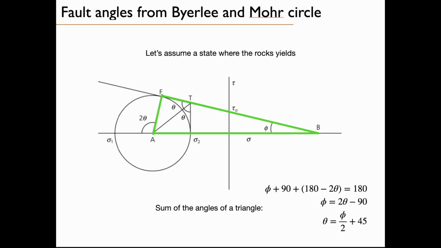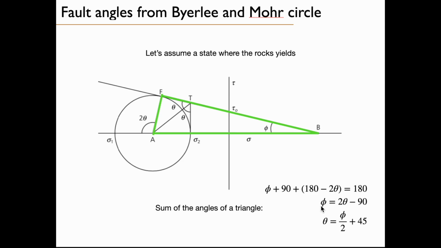So how to do this now? We will use the sum of the angles of a triangle. We know it's equal to 180 degrees. So let's draw the AFB triangle. We have the angle phi on that side, and there is a right angle there. So let's make the sum of these angles: phi plus 90 degrees plus that angle. That angle is 180 degrees minus 2 theta.